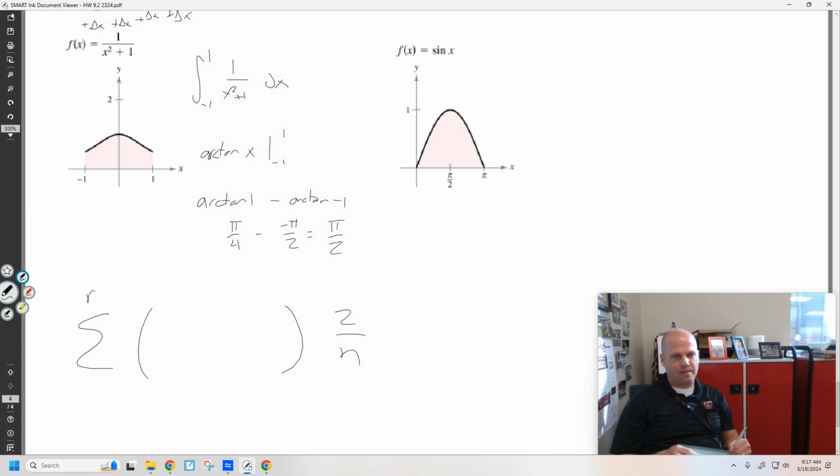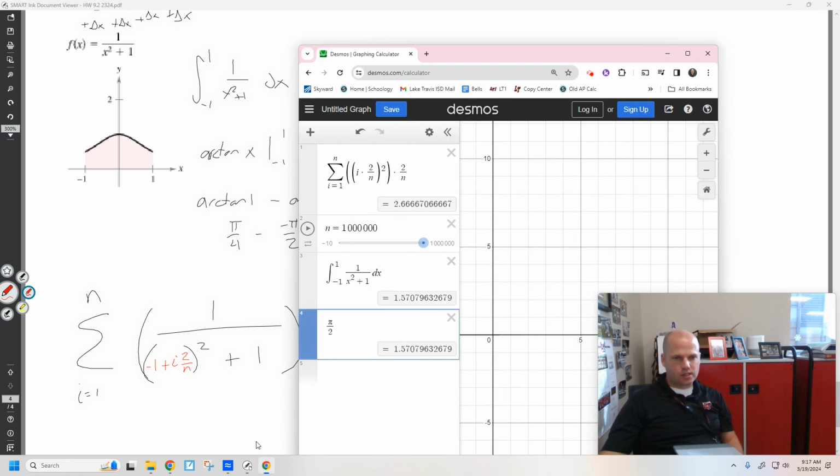I'm going to use n objects. I'm going to start from my first height and keep going. Where do I start? Well, I want to sum up. My heights are 1 over x squared plus 1. What goes in here? Well, I want to start at -1 and I add multiples of delta x.